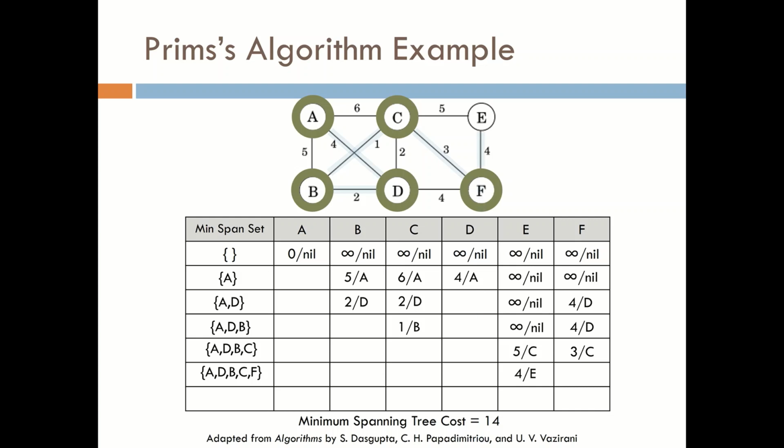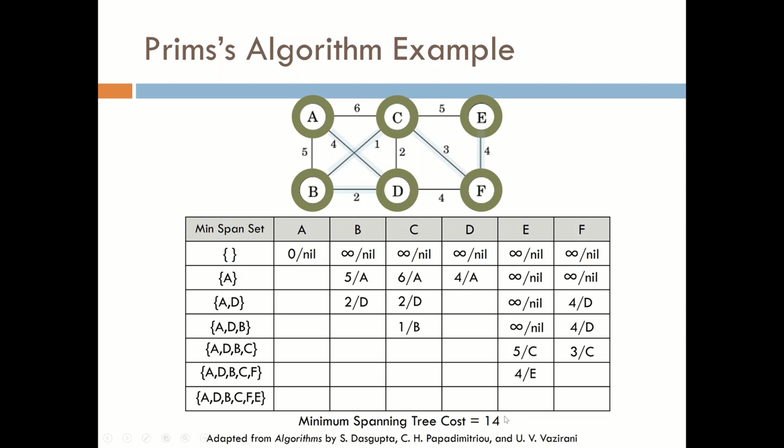And now we're pretty much down to one vertex, and it's just a formality. We remove it, we make that last vertex part of the minimum spanning set, and the algorithm terminates.